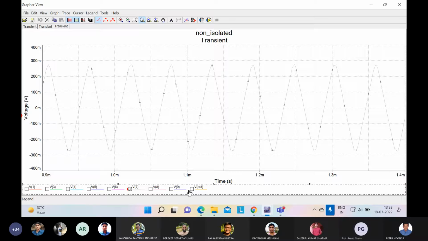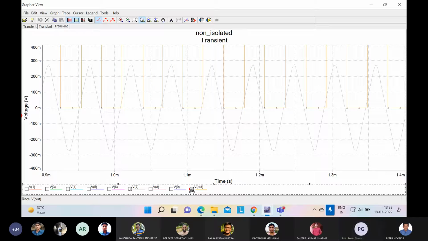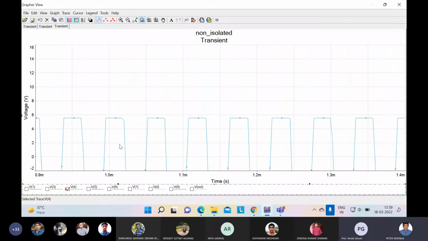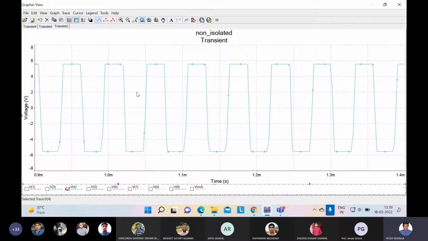Which one is output? The Vout, sir. This one will be the output voltage. And for the other one, we have this one as well.